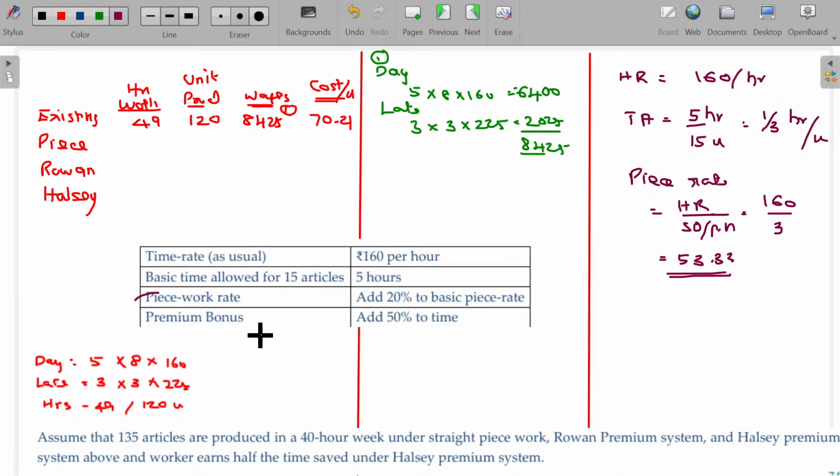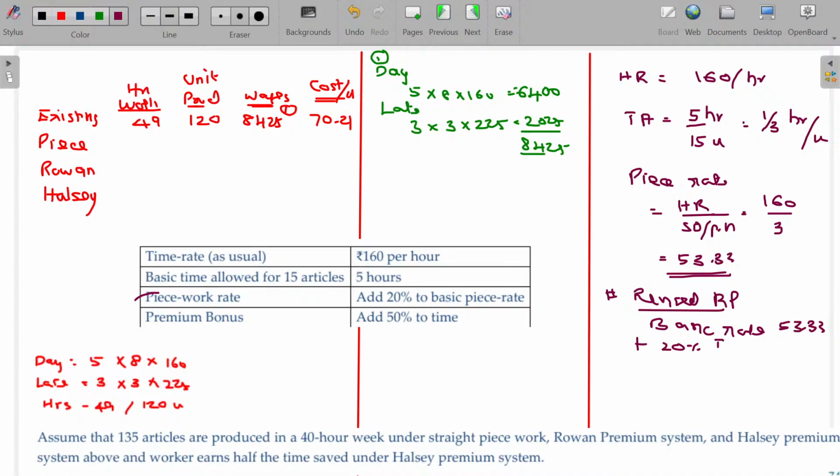But for the straight piecework rate, the increased or revised piece rate for this scheme is nothing but the basic piece rate you pay, 53.33, inflated by 20%.